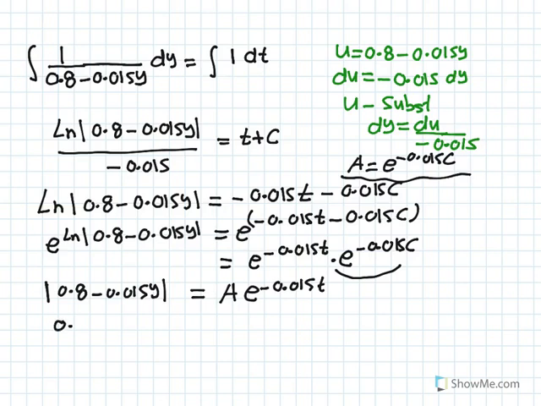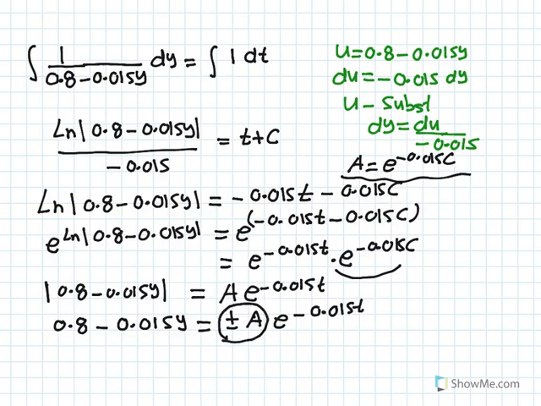All right, so now the next step is to remove the absolute value. So we get 0.8 minus 0.015y is equal to plus or minus a times e to the minus 0.015t. Of course, we're going to replace plus or minus a by another symbol, say b.